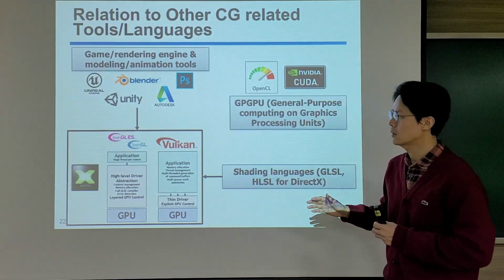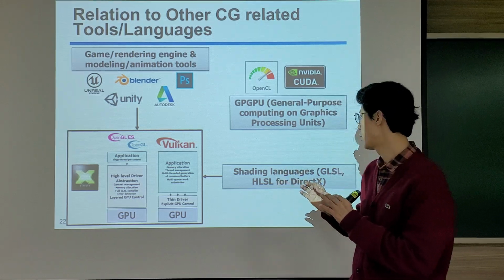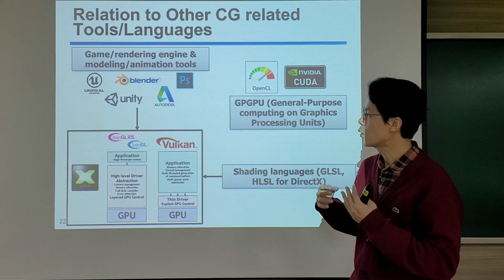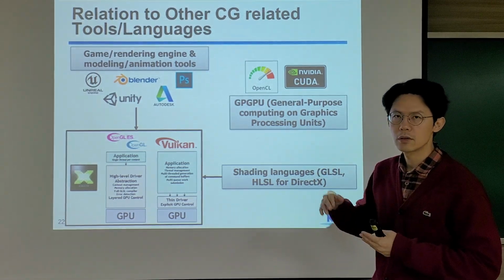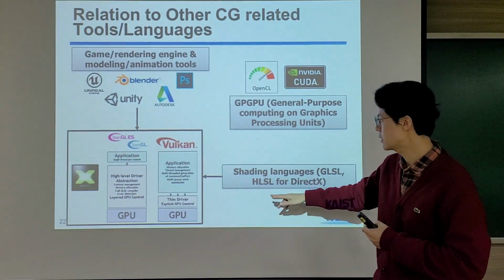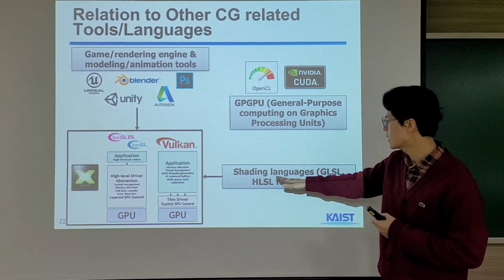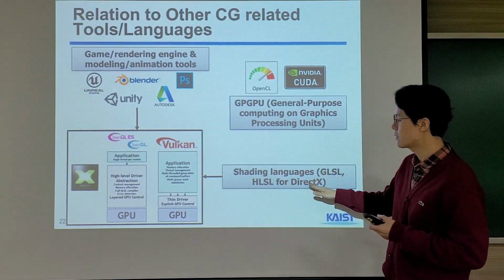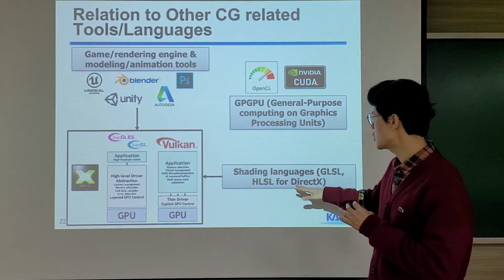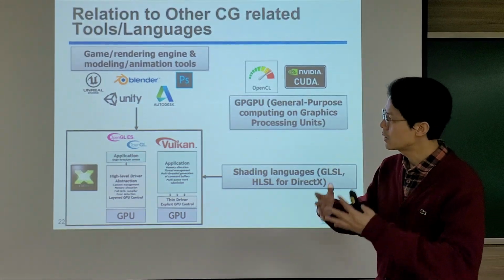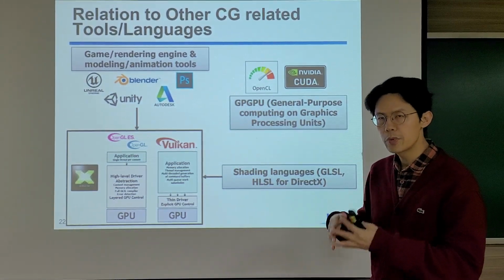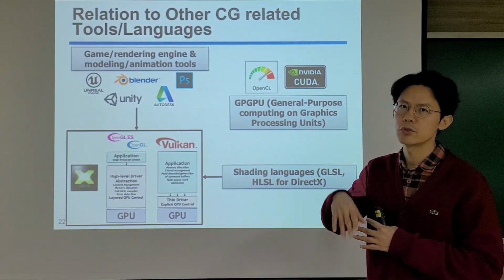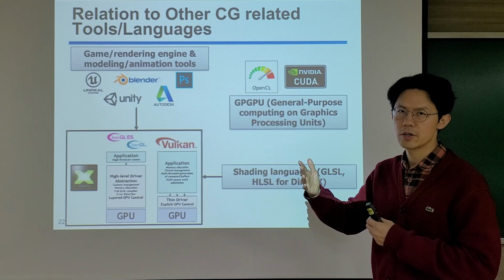Sometimes we also need to use the very low-level shaders, using the shading language GLSL for OpenGL, and there is also one for DirectX. A shading language is nothing but a computing program that runs on the GPU directly to perform some graphics application.